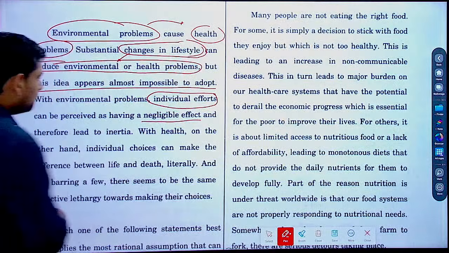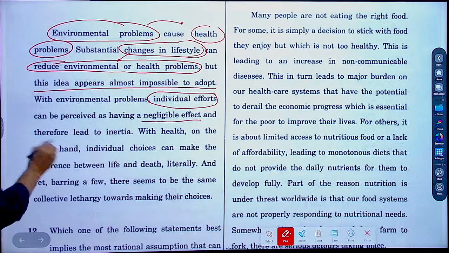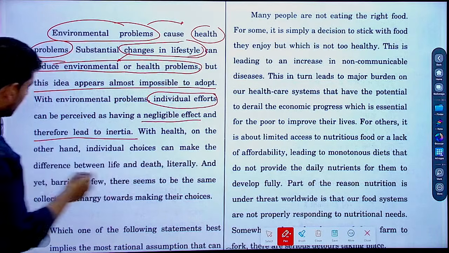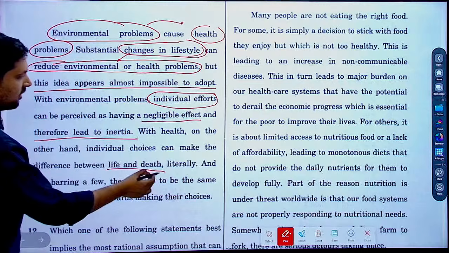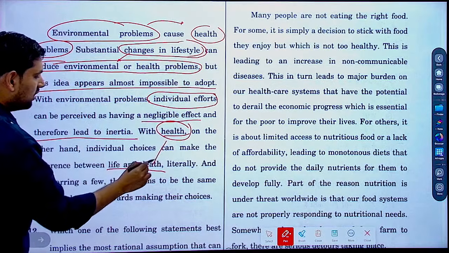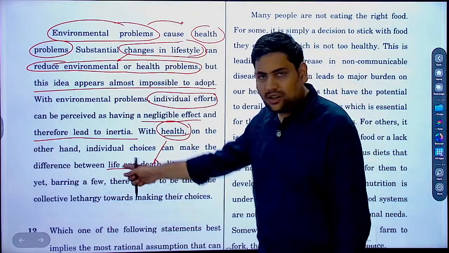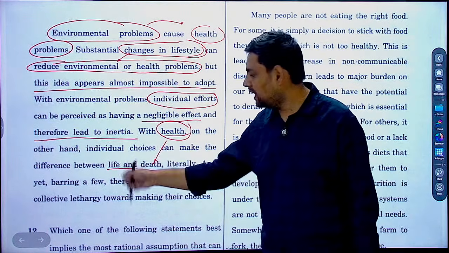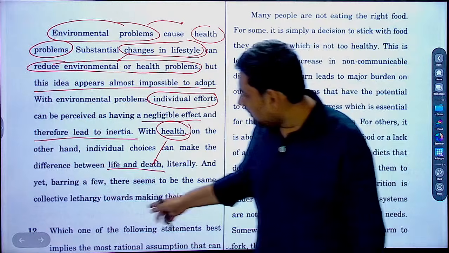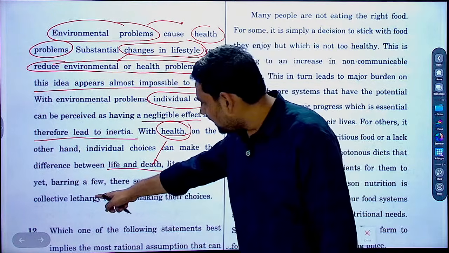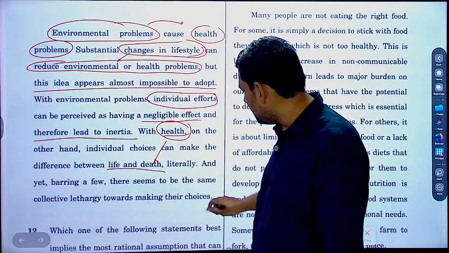Then, and therefore lead to inertia. With health, on the other hand, individual choices can make the difference between life and death. So with health, why are people serious about health? Because either they are treated or not treated. That is the difference between life and death, literally. And yet, barring a few, there seems to be the same collective lethargy towards making their choices.